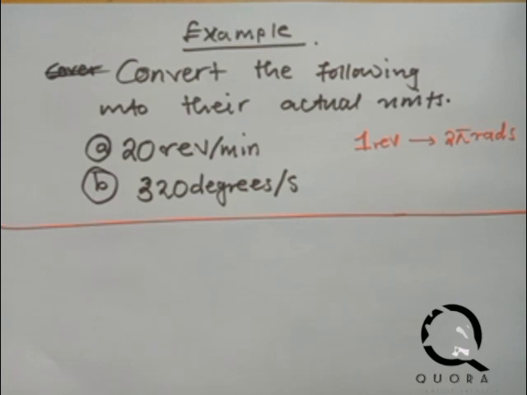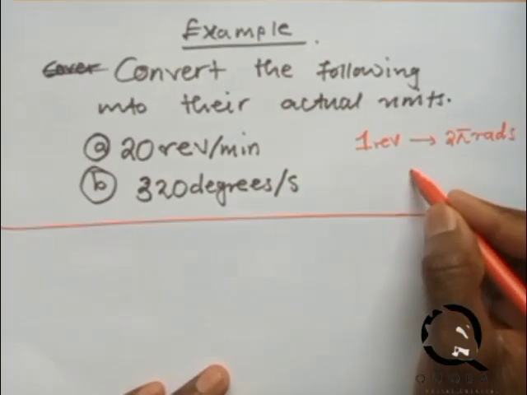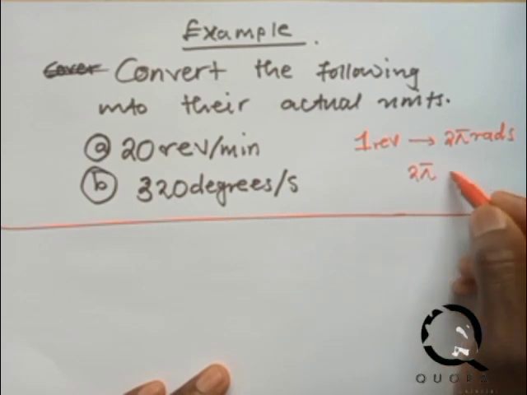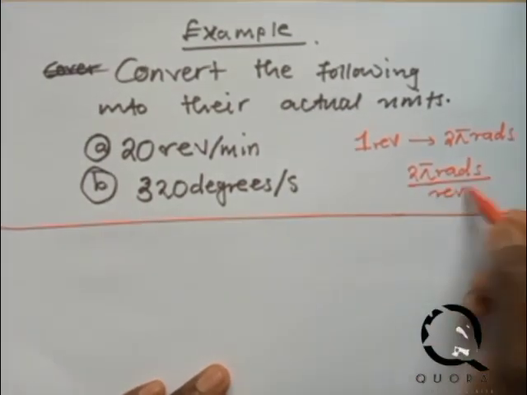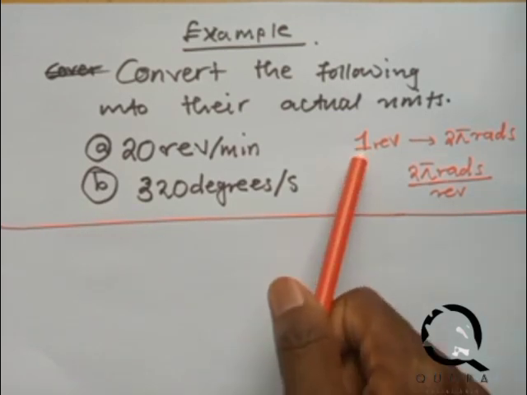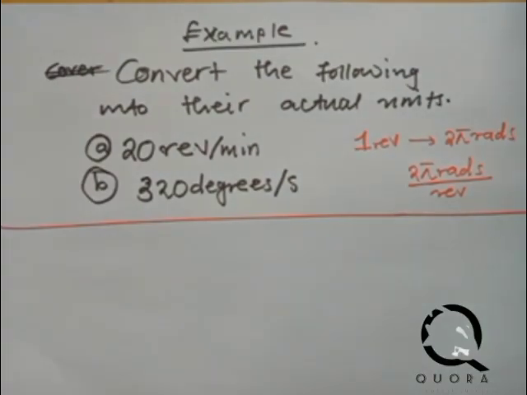The standard way of converting is to use what we call a chain link. This can also be written as 2 pi rads per revolution, because one revolution is equal to that.